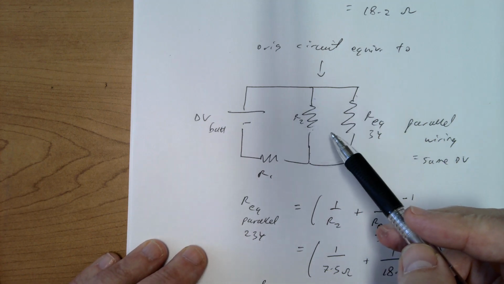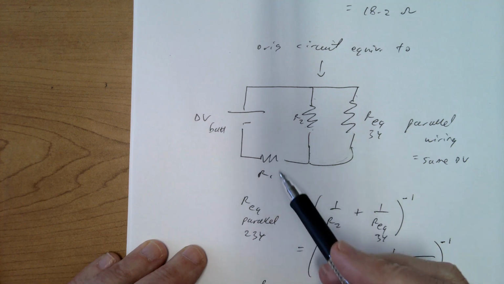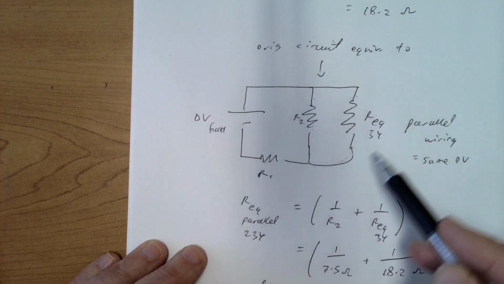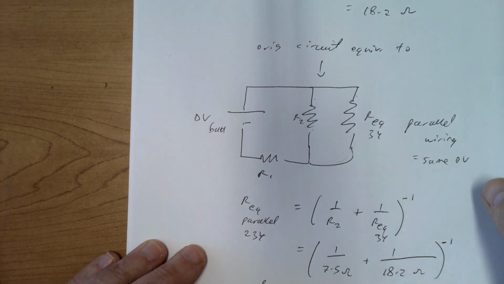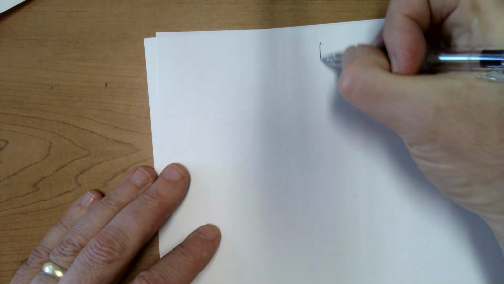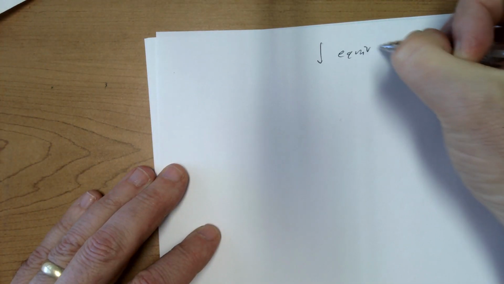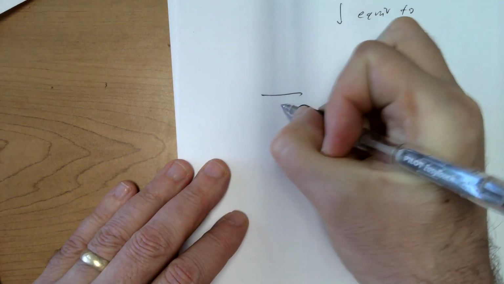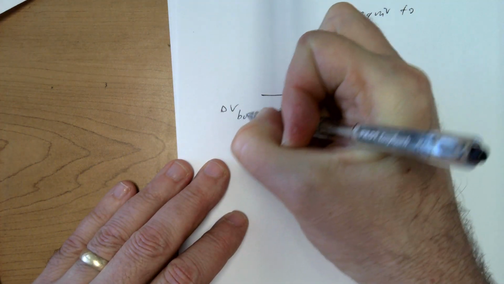So my final equivalent circuit is going to have battery, R1, and then an equivalent resistor for these two. So I'm going to draw it one final time. Delta V bat.